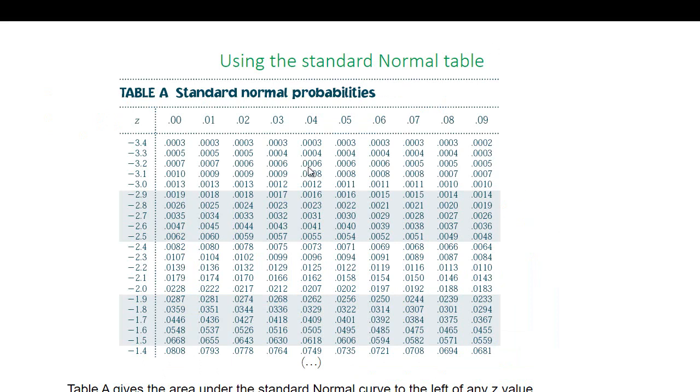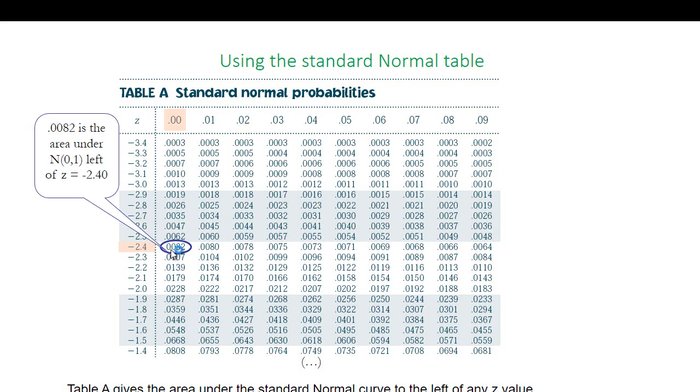The way you want to read this table is the following. This number here, 0.0082, is the area below the standard normal curve to the left of negative 2.40.